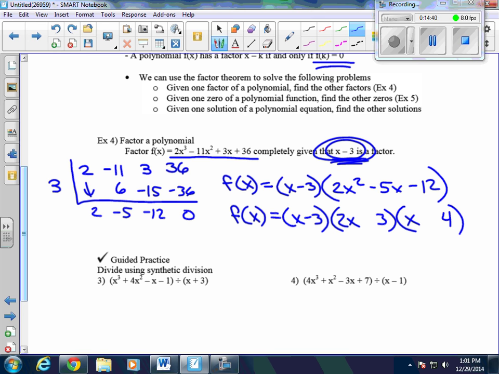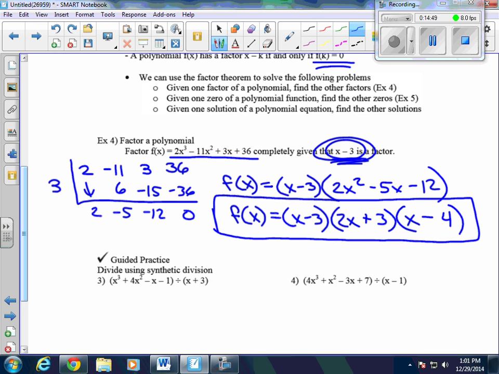So that's going to give me 8, so that needs to be negative, and positive, so that's going to get me to my negative 5. And so here is my polynomial factored completely. F of x equals x minus 3 times 2x plus 3 times x minus 4. Now, if we multiplied all these again, we'd get back to our original equation.